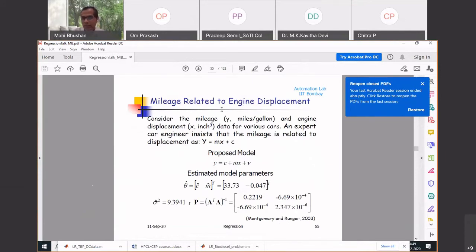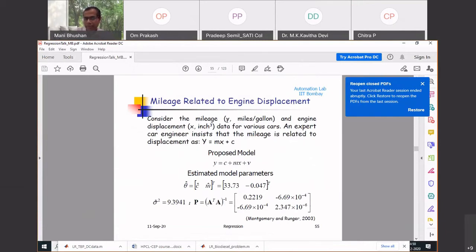So I have another example from regression. It is a problem where we are trying to relate the mileage of a car to the size of the engine. It is data for some actual cars taken from some reference.